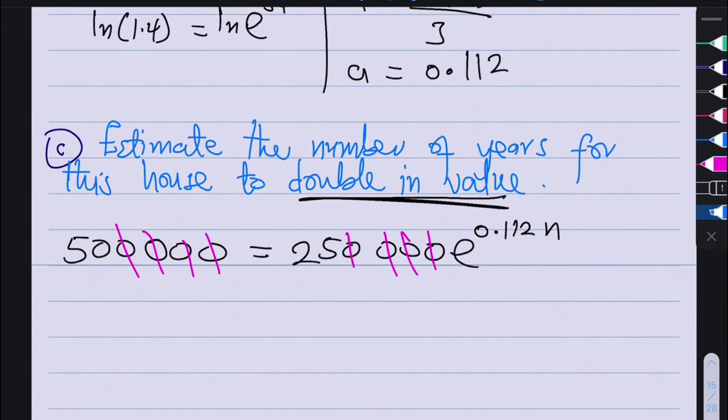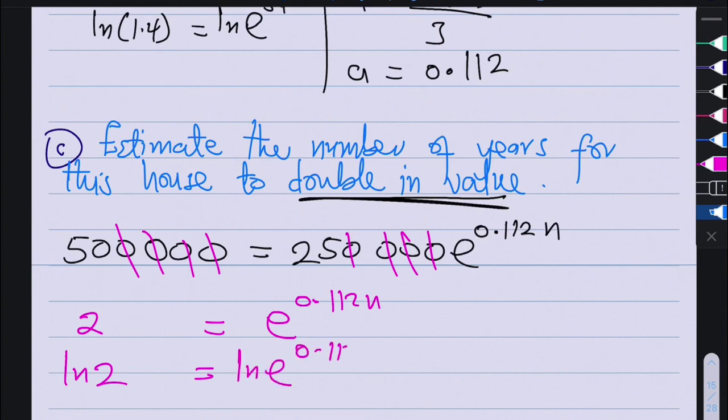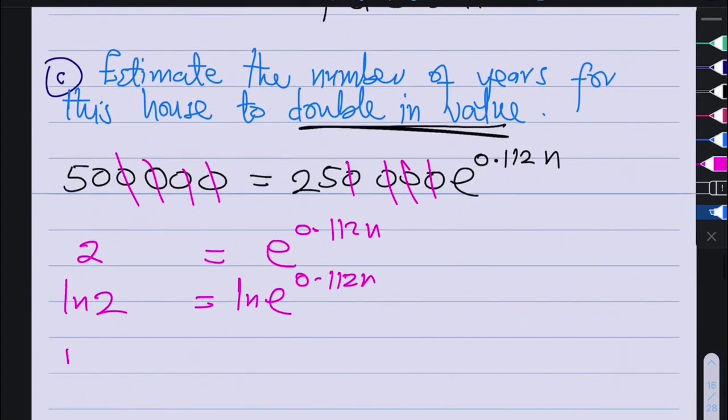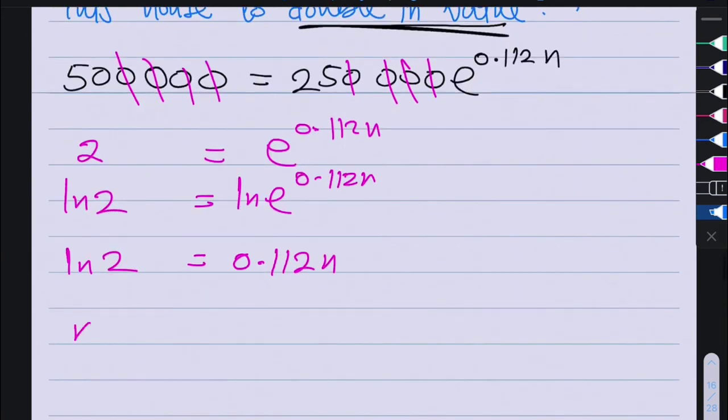Then you divide both sides by 25, giving you 2 is equal to e to the power 0.112n. Take the ln of both sides. Ln 2 is equal to ln e to the power 0.112n, giving you ln 2 is equal to 0.112n.